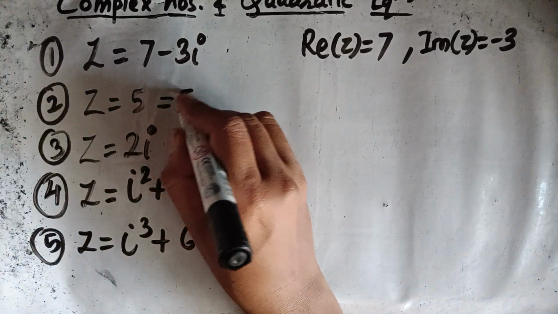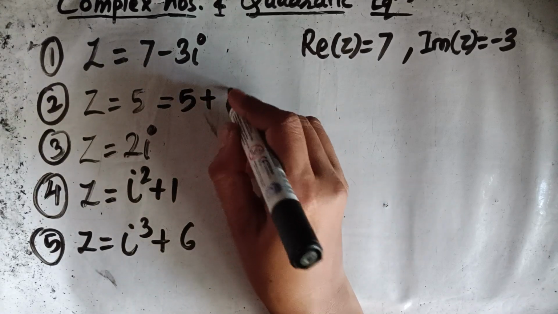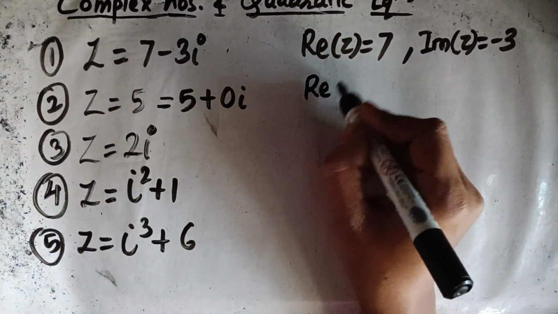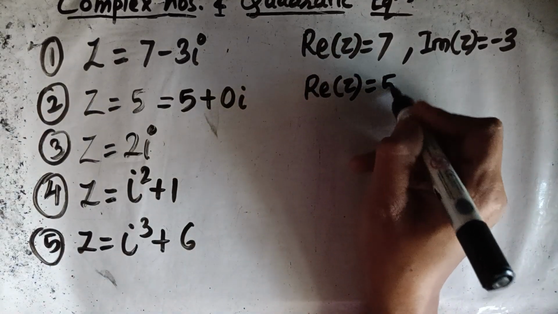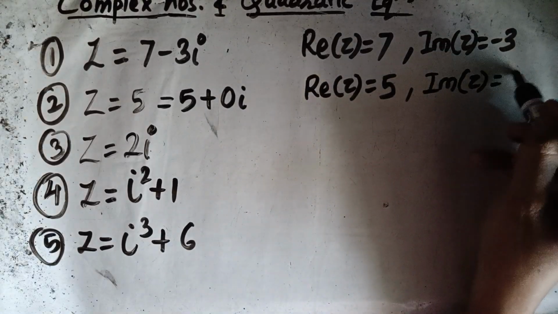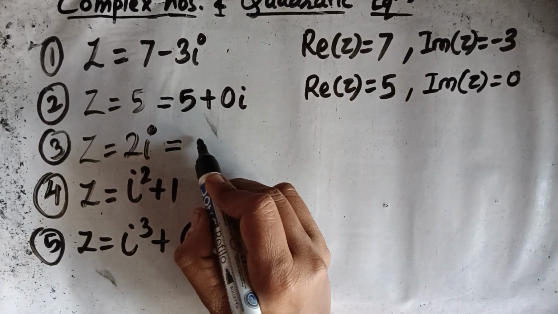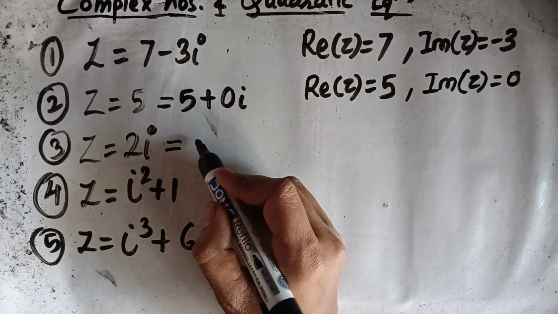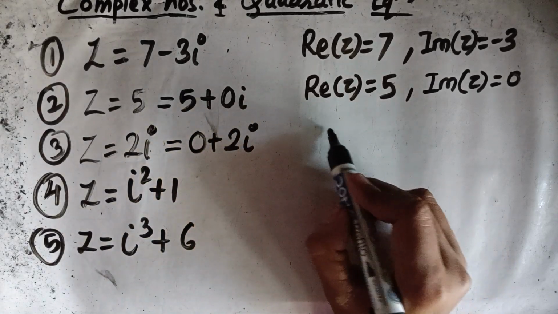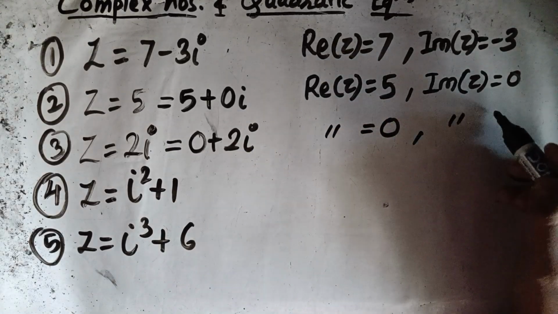So you can write 5 plus 0 into I. Here real part is 5 and imaginary part is 0. What about this? Again you have to write it in terms of x plus iy. So 0 plus 2i, real part is 0 and imaginary part is 2.